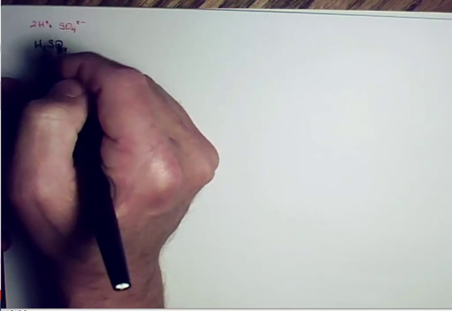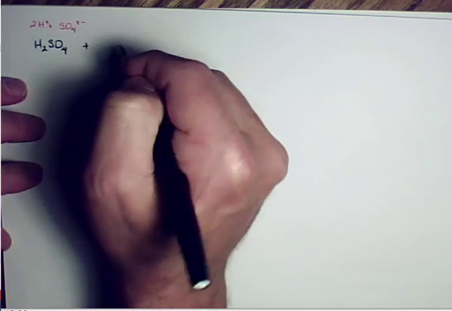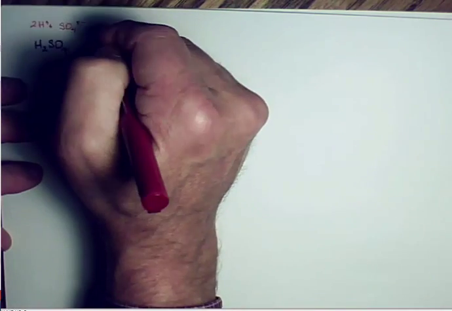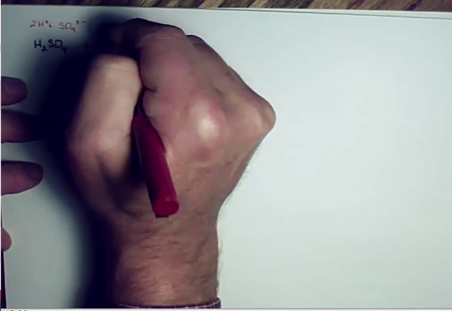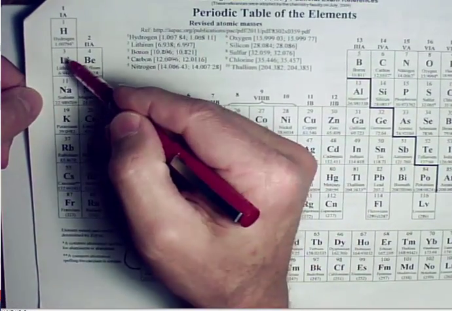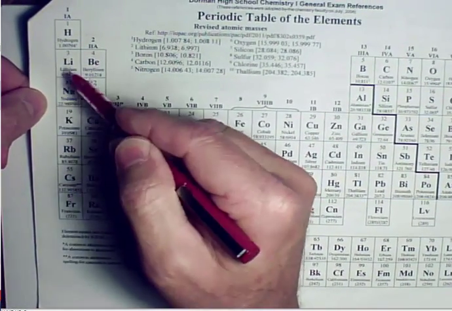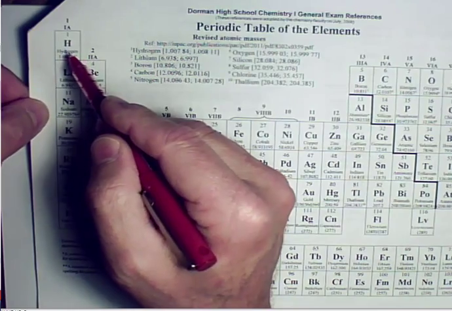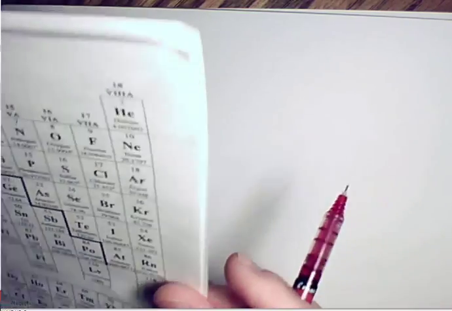And then sodium hydroxide. Sodium has a 1+ charge. You find that in the first column of the periodic table. All of the metals in this column are 1+, and hydrogen most of the time is going to be 1+. And we're putting it with its hydroxide. Hydroxide is a polyatomic ion. It's just one that you have to know.